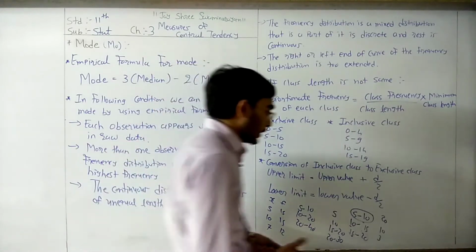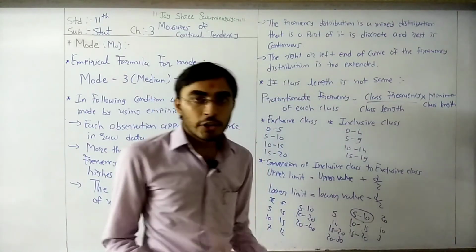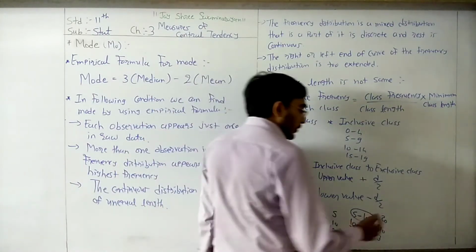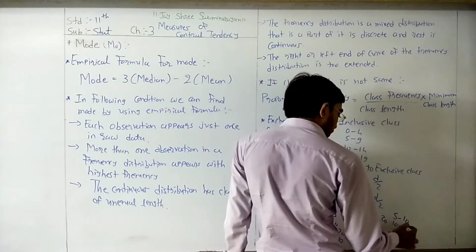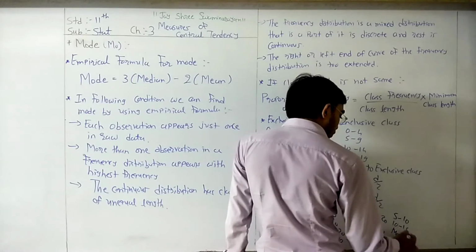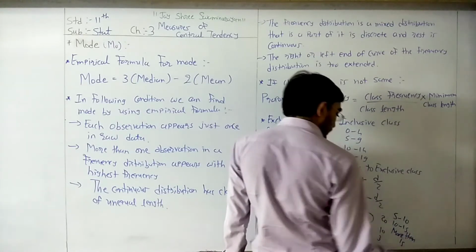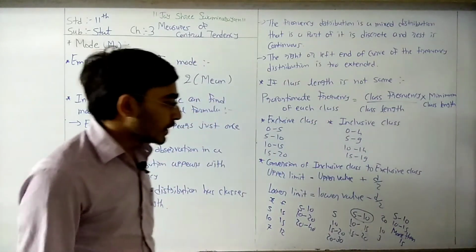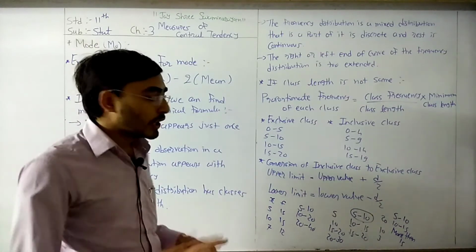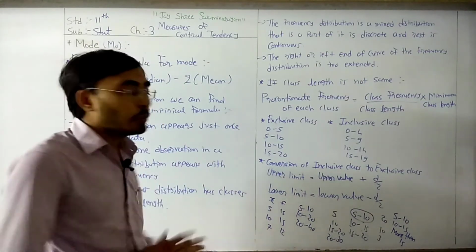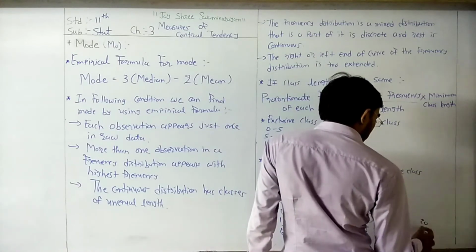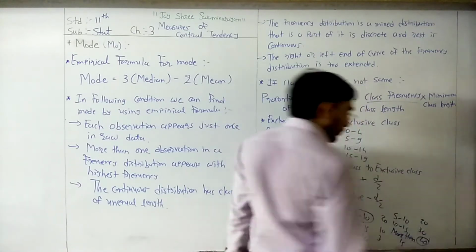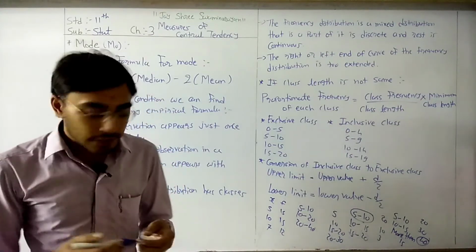And sometimes in a continuous frequency distribution, it is given 5 to 10, 10 to 15, and at last it is written more than 15, with frequencies 20, 30 and 40. Now the highest frequency is 40, but how can we find the modal class?